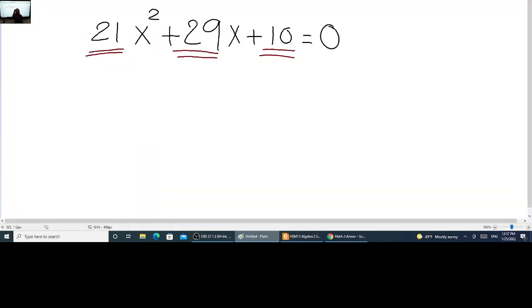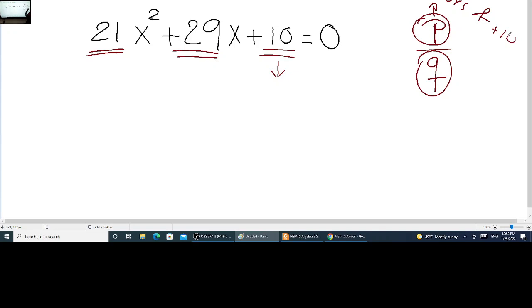So the solutions or the roots of this equation must be of the form p over q, where p is a factor of 10 and q is a factor of 21.